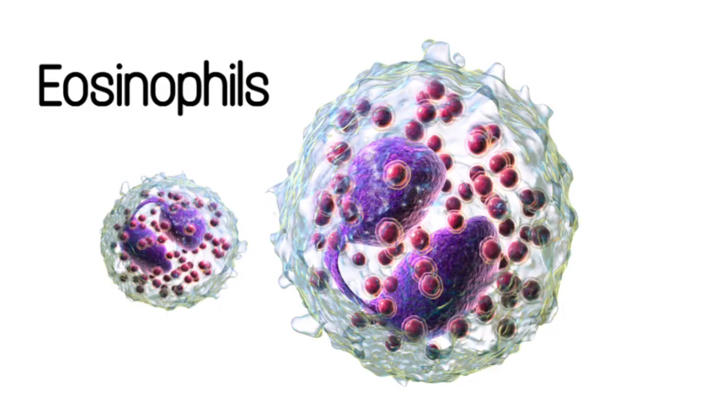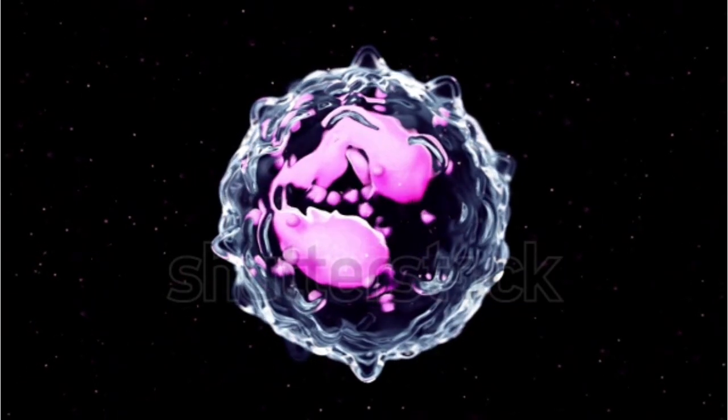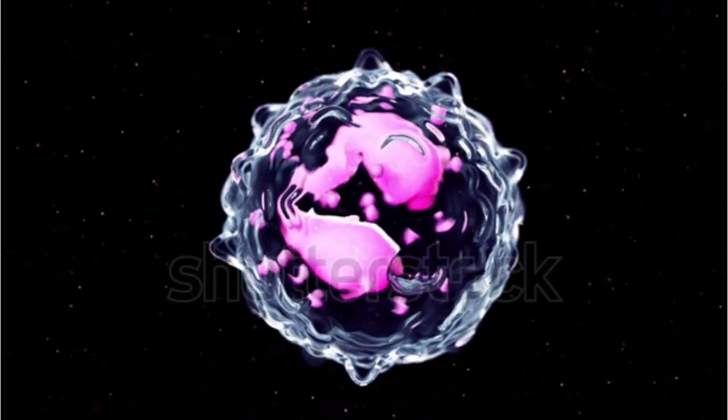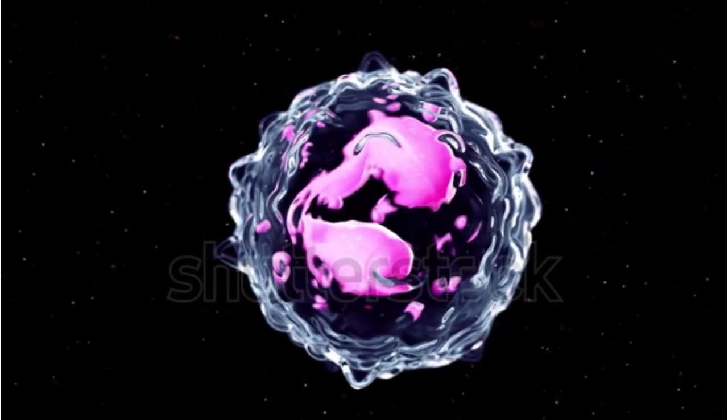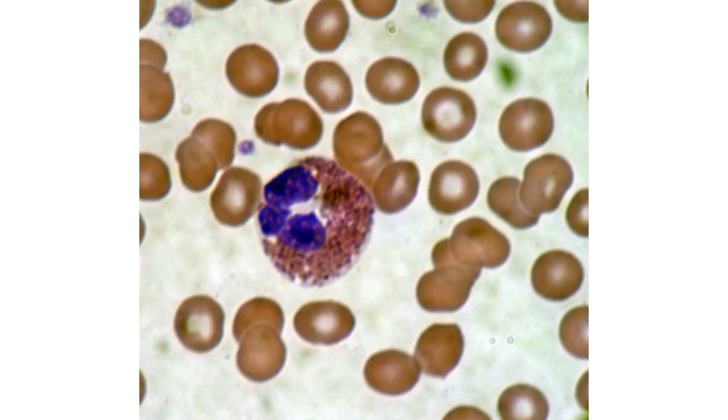Eosinophils are the WBCs which have a bilobed nucleus and they are non-phagocytic in nature, but they play a very important role in allergy and hypersensitivity reactions, and they correspond to lysosomes, and 2 to 3% of the WBCs are eosinophils and they have an acidic stain which affects the parasitic worms.